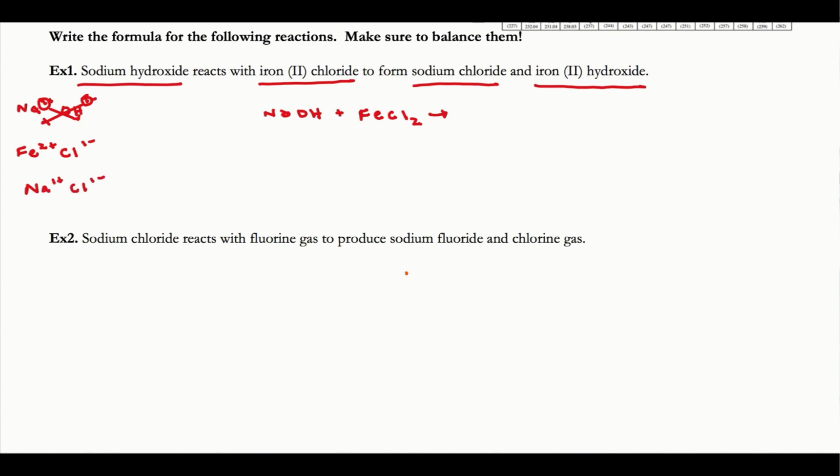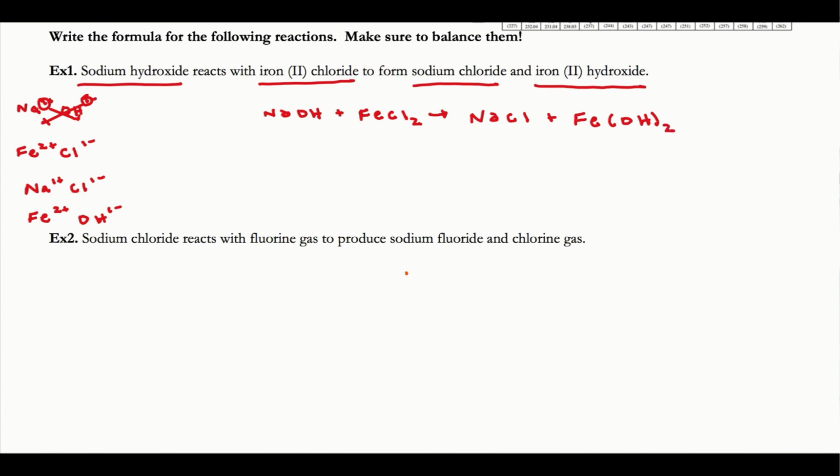So this is going to be just NaCl when I cross my charges. And iron 2 hydroxide. Fe has a 2+ charge. Hydroxide has a 1- charge. When I cross my charges, remember hydroxide has to be in parentheses, so you have 2 hydroxides. Okay. And I'm good to go.